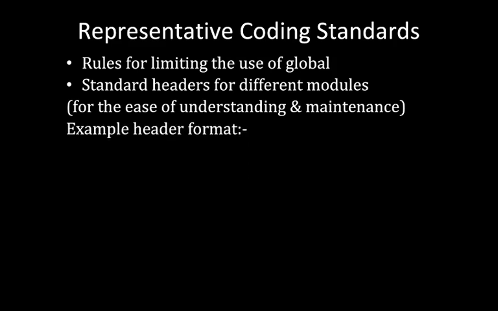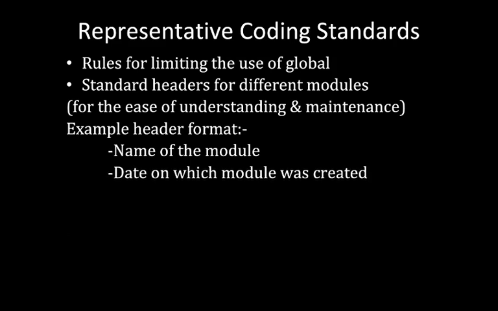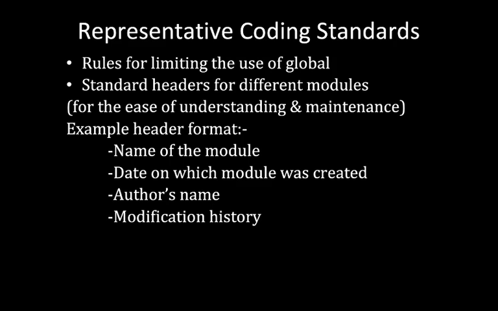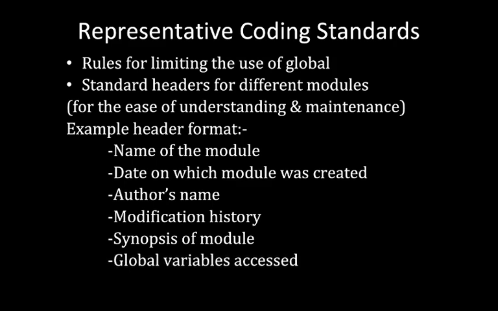Some of the things that will be there in the header are: name of the module, date on which the module was created, who created it, the author's name, modification history, synopsis of the module, what this module is all about, the different functions supported in the module, also the different parameters, and the global variables accessed by the module. All these things will be mentioned in the header as a comment. So you will understand what that particular function is.